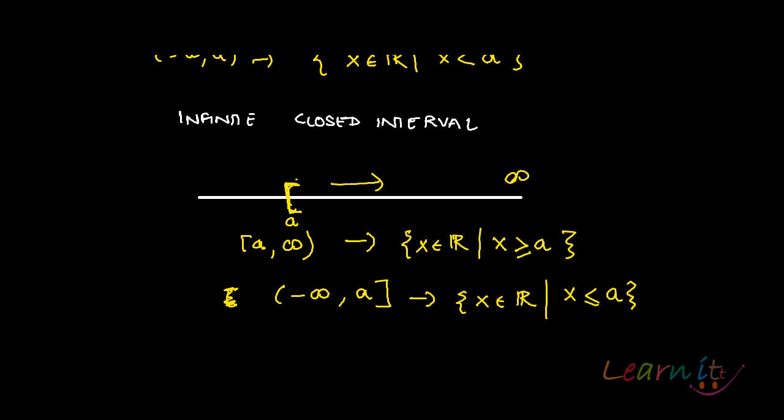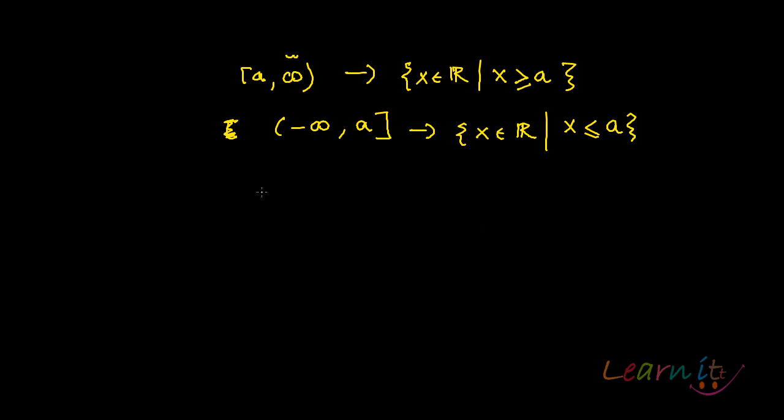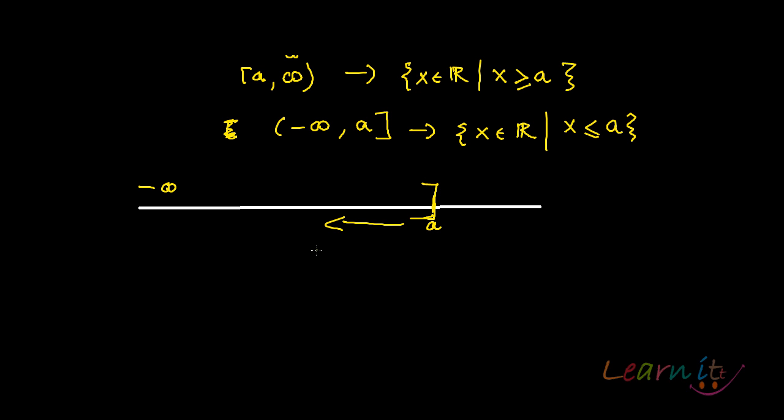On the number line, you can see we are talking about the interval starting from minus infinity to A, including A. So all the real numbers less than or equal to A.